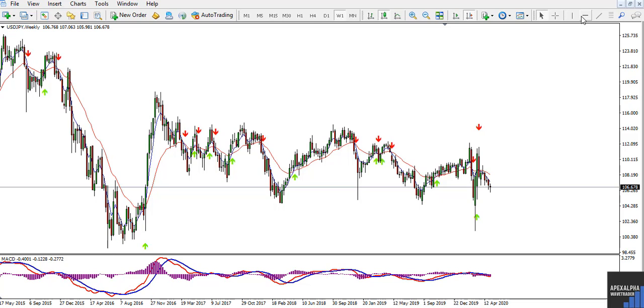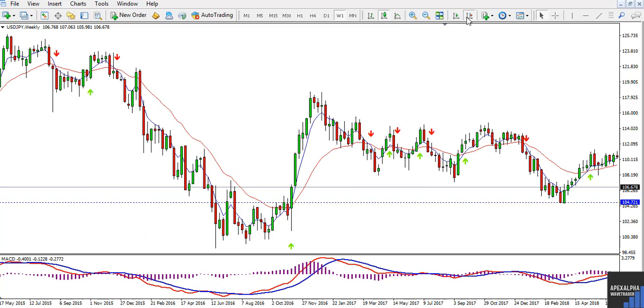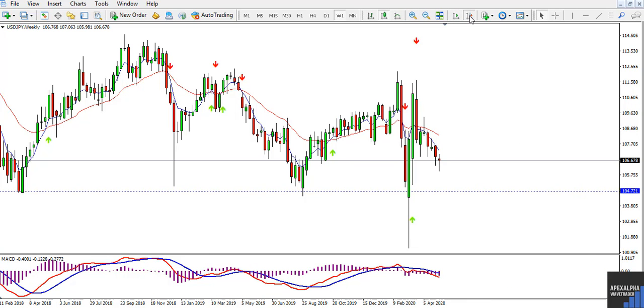I'm going to mark that area because if you look closely from here, we have an area of support here. And where the market is currently, it looks like we still have power to go down a ways. So I'm just going to mark that level for support.